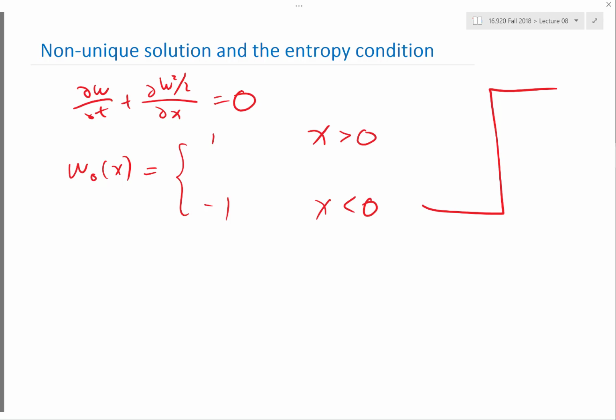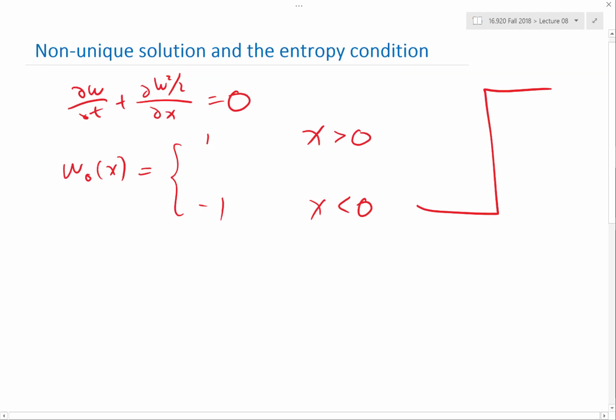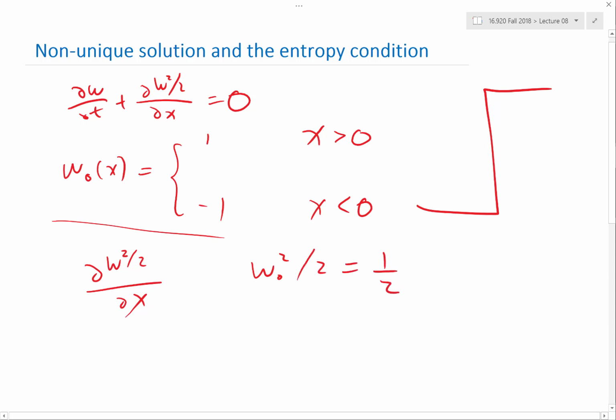But if you look at the differential equation, if W is like that, what is the derivative of the flux with respect to x? Well, if the solution is like this, W0 squared over 2 is always equal to half, right? And the derivative is equal to 0.